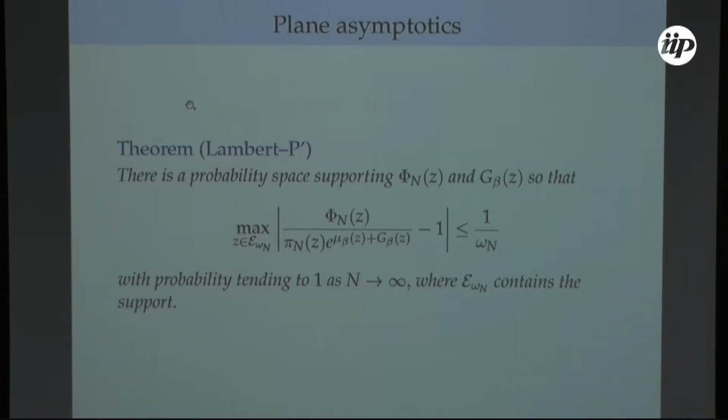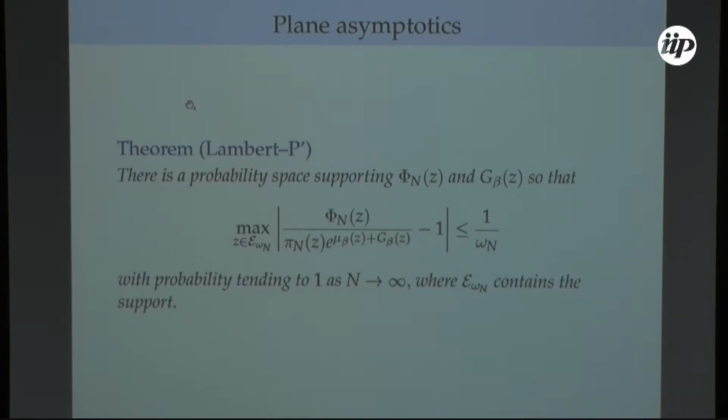So what's going on here? We're actually going to build the probability space which contains those transfer matrices, and we're going to put on it the Gaussian field in such a way that this characteristic polynomial can be compared with, first of all, pi n of z.